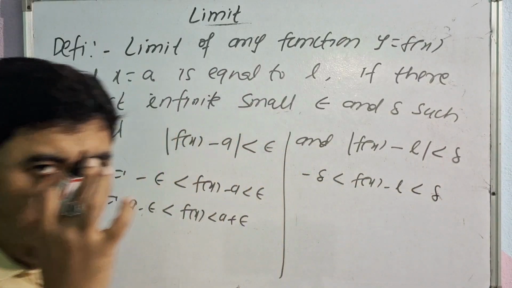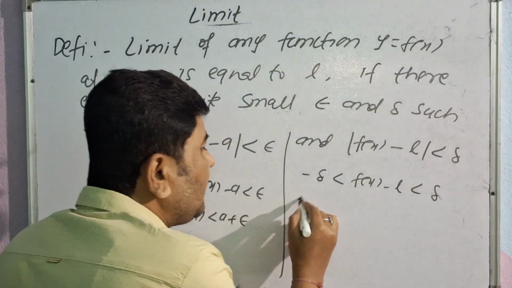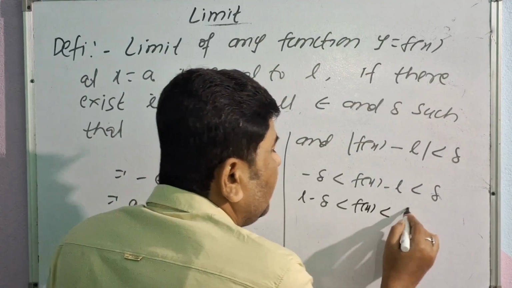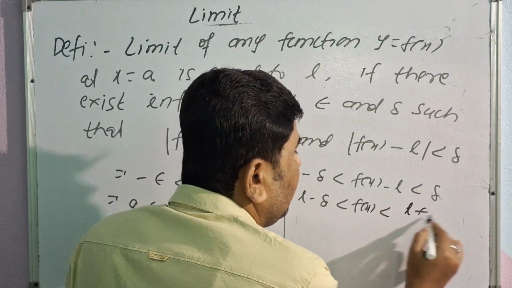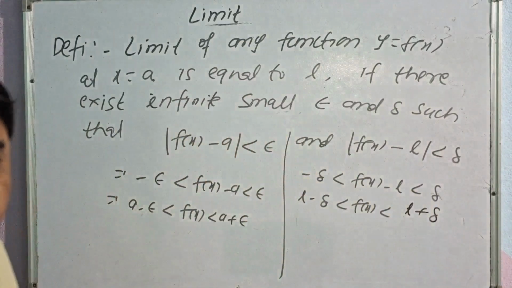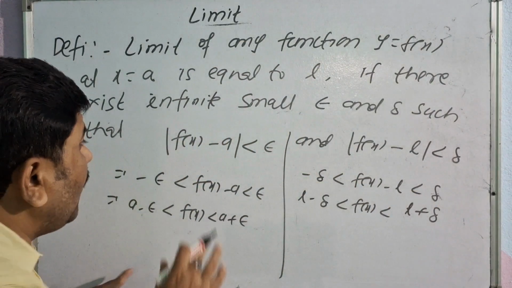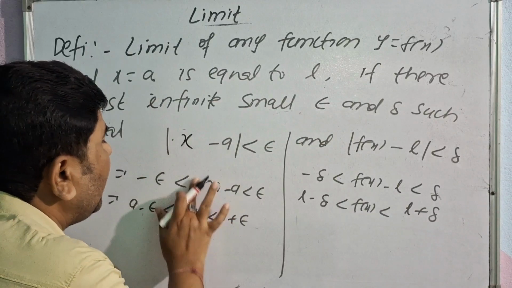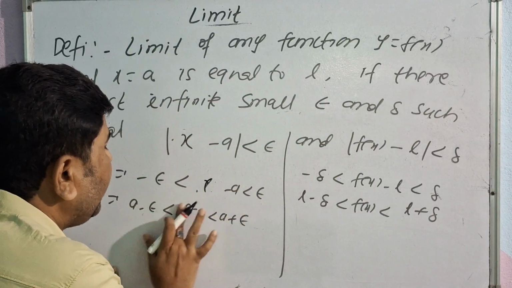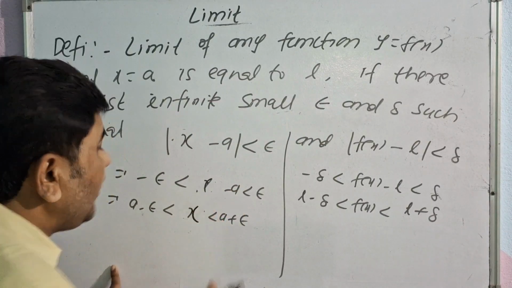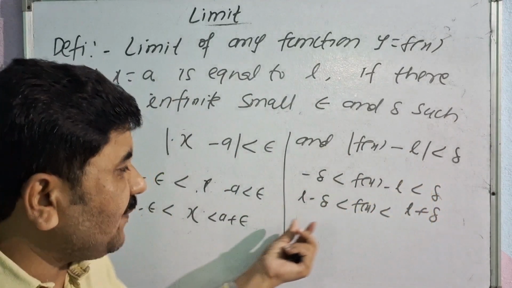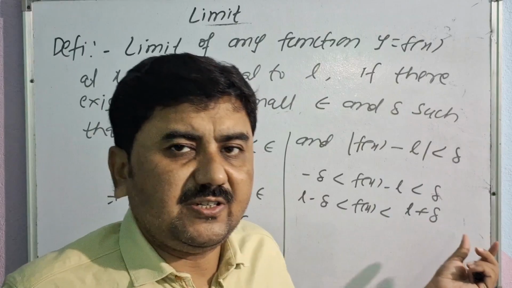L comes on both sides with positive sign: L minus delta less than f(x) less than L plus delta. Means if the value of x varies from a minus epsilon to a plus epsilon, then the value of f(x) varies from L minus delta to L plus delta.